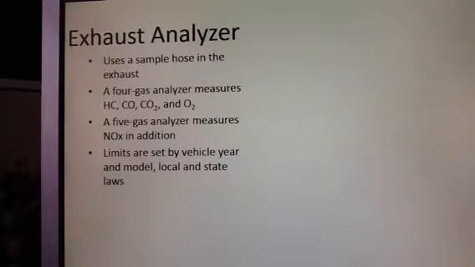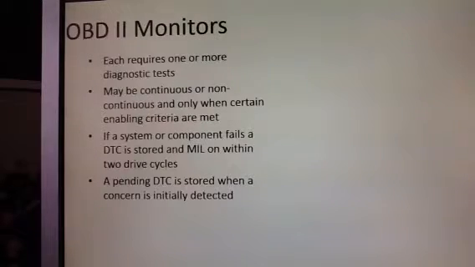Our 4-gas analyzer measures our hydrocarbons, carbon monoxide, carbon dioxide, and oxygen content. We add NOx for our 5-gas analyzer, so we have our oxides of nitrogen. Limits are set by vehicle year, model, and local and state laws when we are using the exhaust analyzer for our emissions testing.